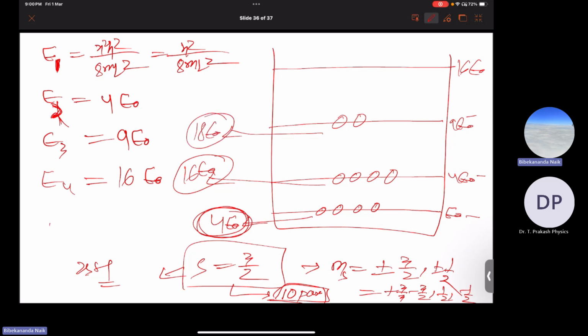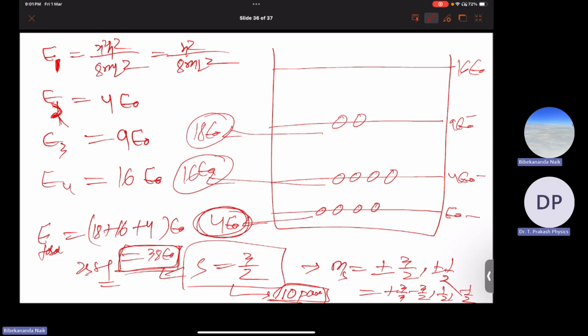So if you add, the total energy will be 18 plus 16 plus 4. 18 plus 16 is 34, 34 plus 4 is 38. So the minimum energy is 38E0. Is this clear to you? Yes, sir. Now I can solve it, sir.